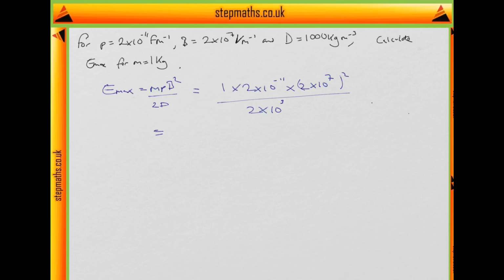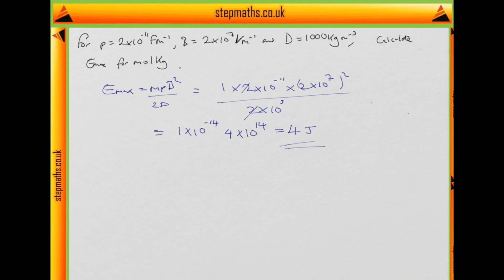Okay, well, 2's cancel, so that's 1 times 10 to the minus 11 minus 3, so that's minus 14, times 2 squared is 4 times 10 to the 14, and that comes out as exactly 4 joules.